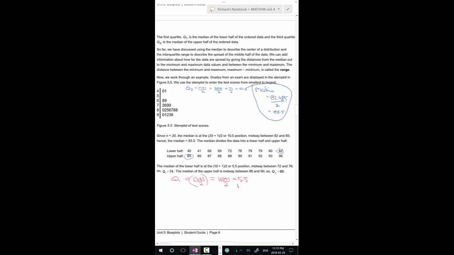So between the fifth and the sixth term, between term 5 and term 6.